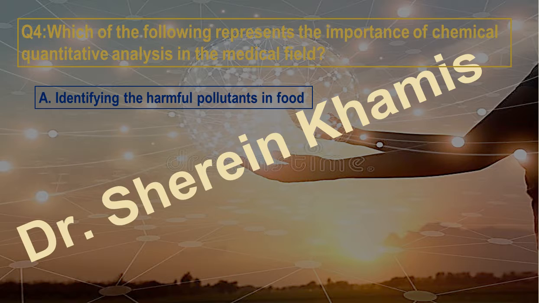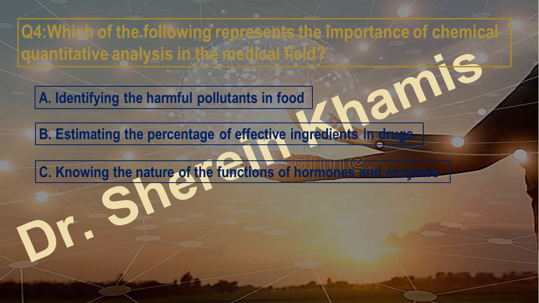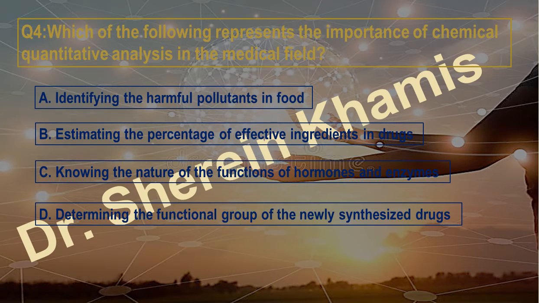First one, identifying the harmful pollutant in food. Estimating the percentage of effective ingredients in drugs. Knowing the nature of functions of hormones and enzymes. Okay, it's natural, we didn't measure it, it's present inside the body. Determining the functional group of newly synthesized drugs, maybe. The last one, none of the above.